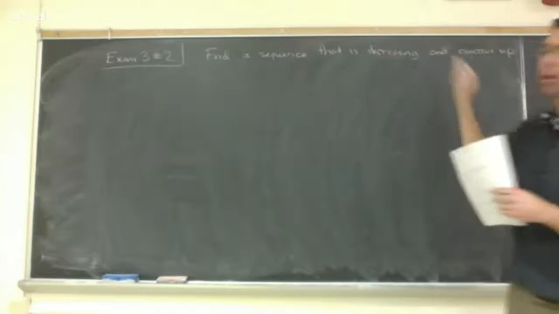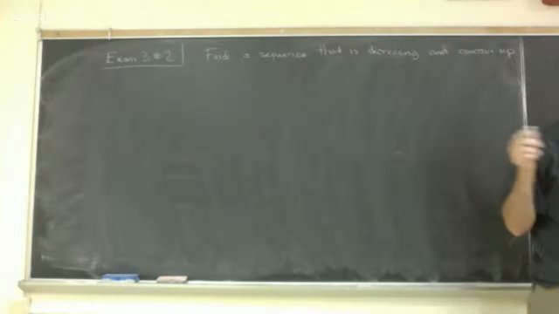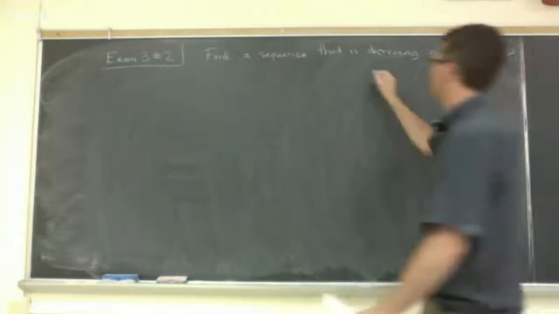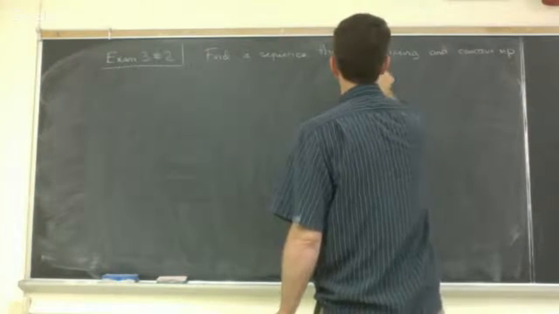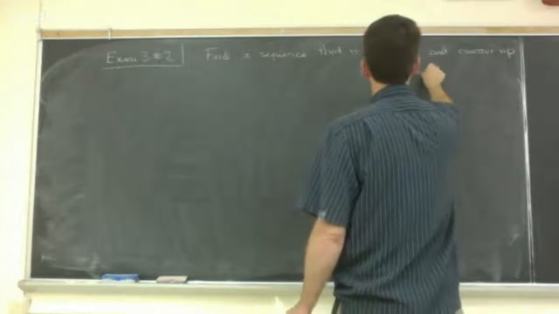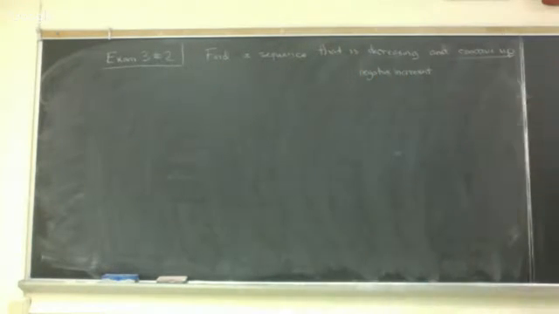what is it that makes a sequence decreasing? Negative increments. So I need negative increments. What does it take to get something that's concave up? Increasing increments. So the word increasing is not enough.